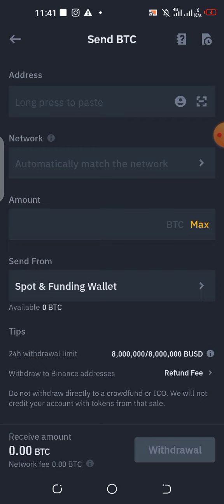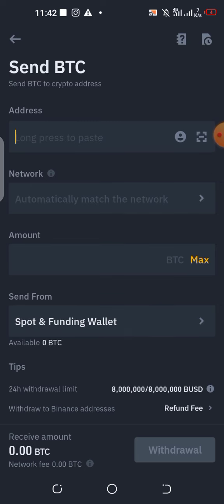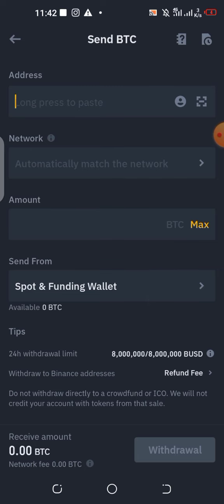It is almost very small, like 1% or even less than 1% of the money. And if you have been using Binance for some good time, you will have free network fees, like you'll be charged 0 fees while trading BTC. But if you're new to Binance, you'll be charged a small fee.